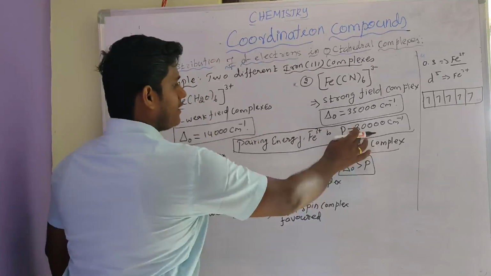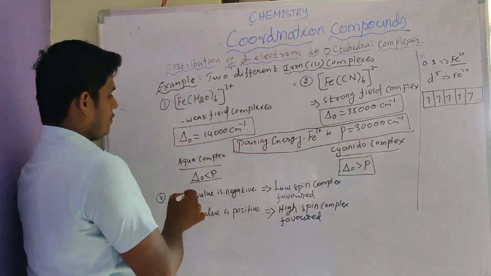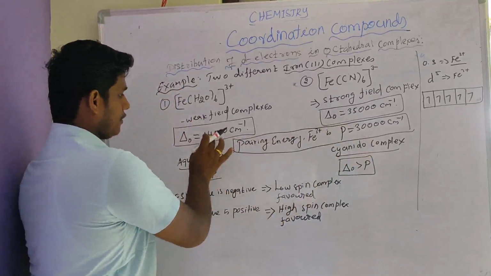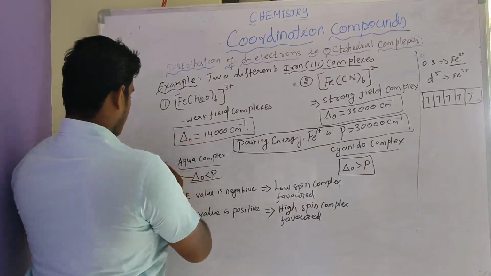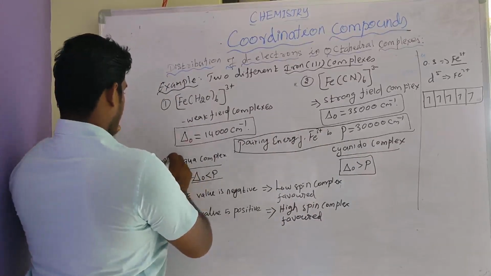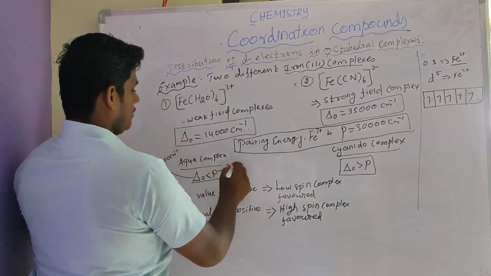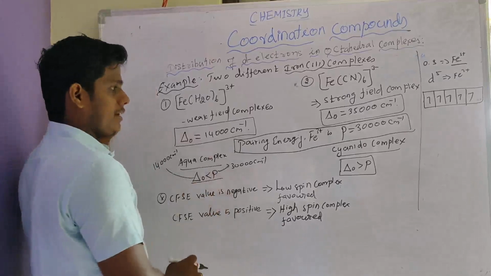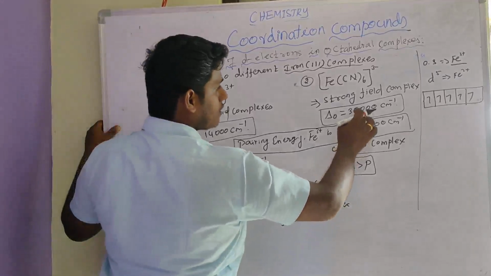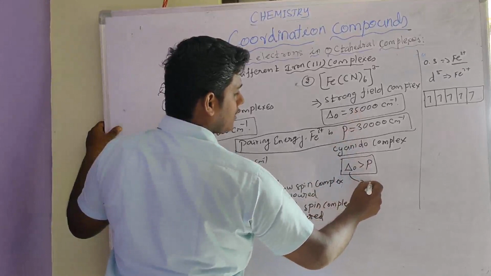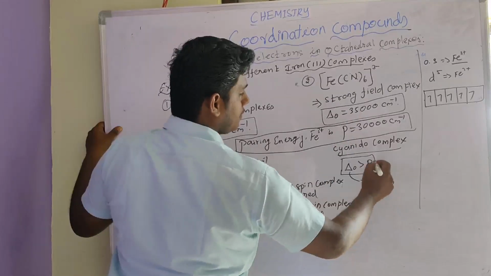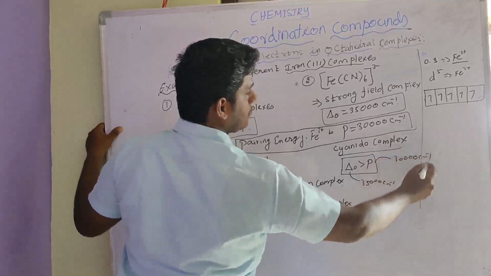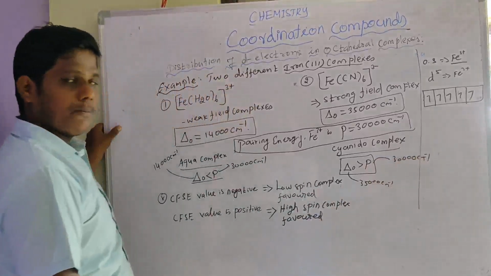So here is a high energy, here a low energy. For the complex with delta naught of 14,000 cm^-1, the pairing energy is high, 30,000 cm^-1. For the complex with delta naught of 35,000 cm^-1, the pairing energy is 13,000 cm^-1.